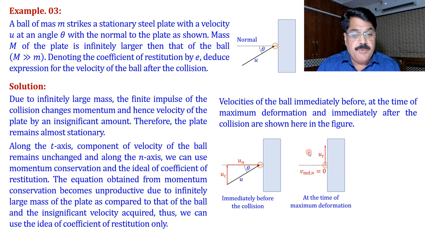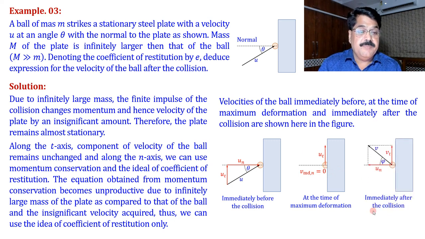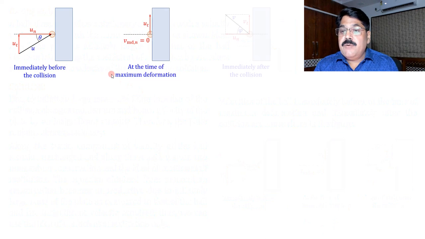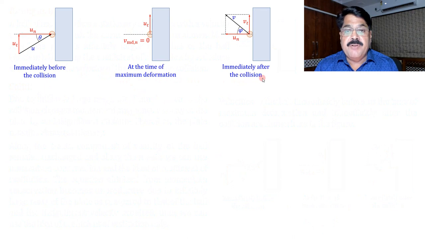And this will be ut, so it will not change. Now, immediately after the collision, this is the tangential component of velocity, and this is the normal component, which we assume is Vn. So it is a typing mistake. Let us call it Vn, and this will be Vt. Now we redraw the diagram again, showing immediately before the collision, at the time of maximum deformation, and immediately after the collision. Please read it as Vn.